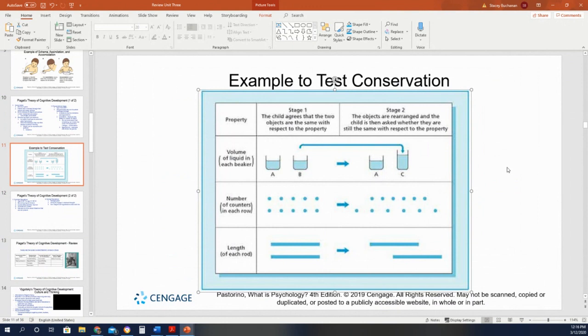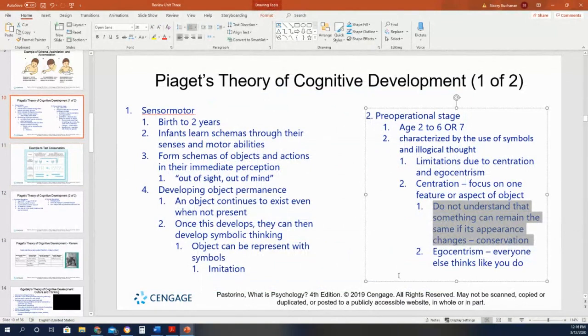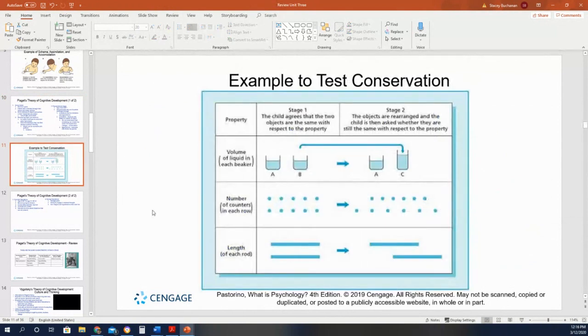And then they take a bigger glass, like the one seen here, and put literally the exact same amount of liquid. But because they do not have conservation skills, they do not understand that that is still the same thing. As you recall, this is due to the fact that if something's appearance changes, that means it's different now, according to children in this pre-operational stage.